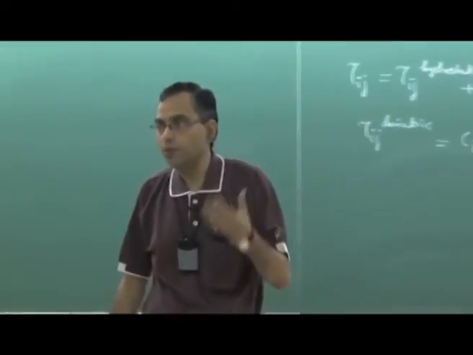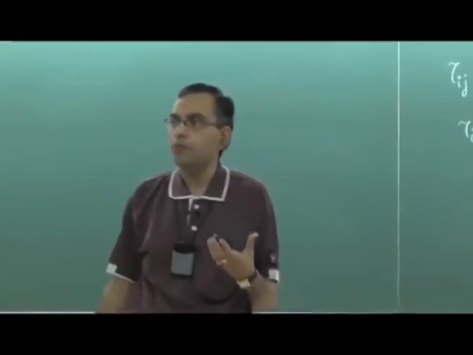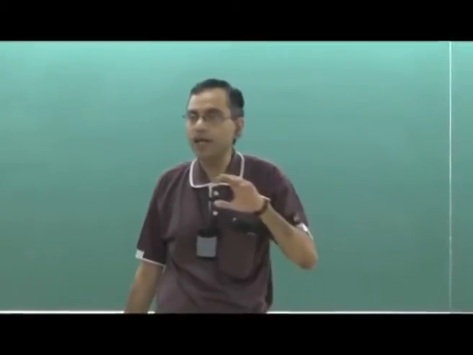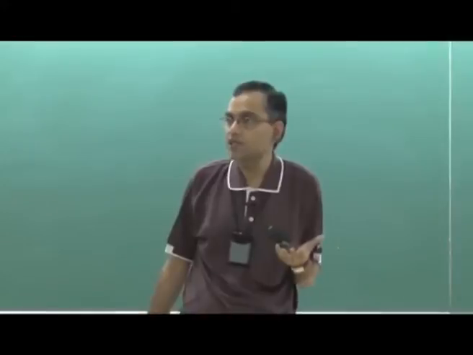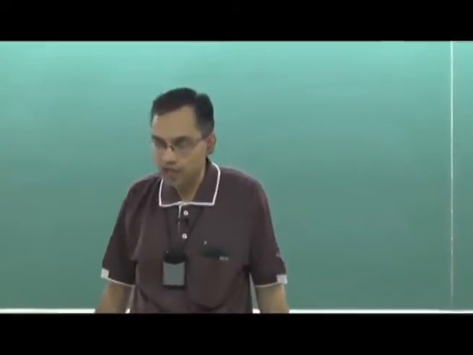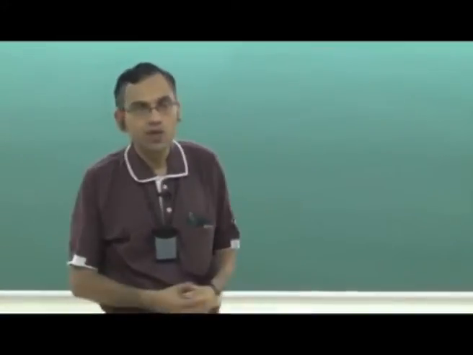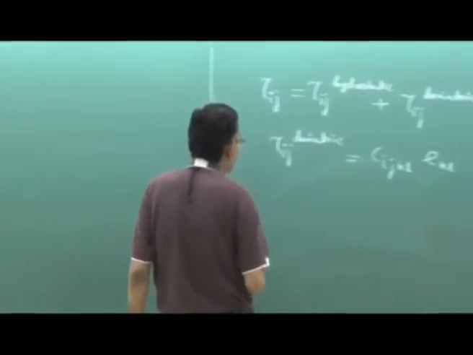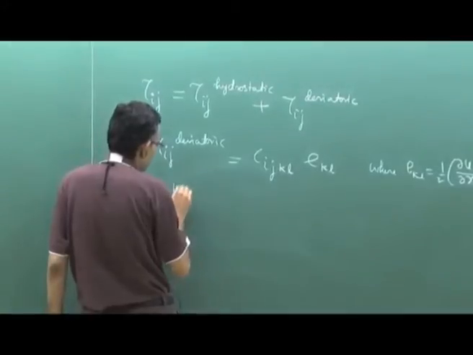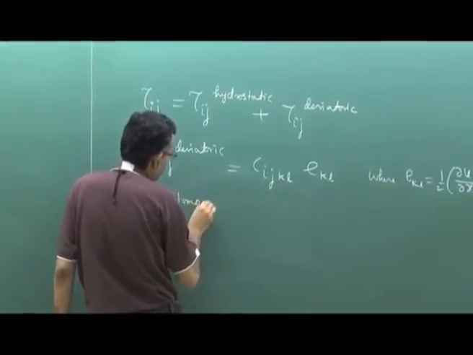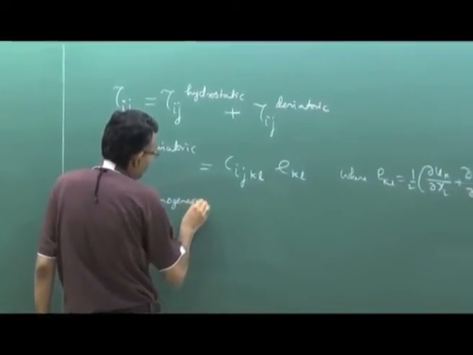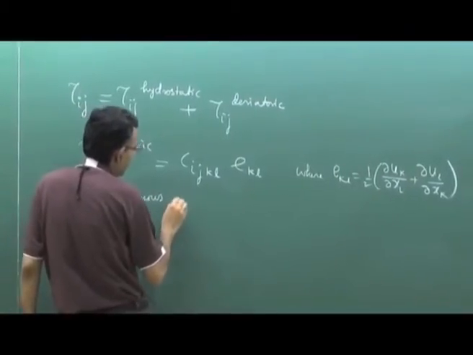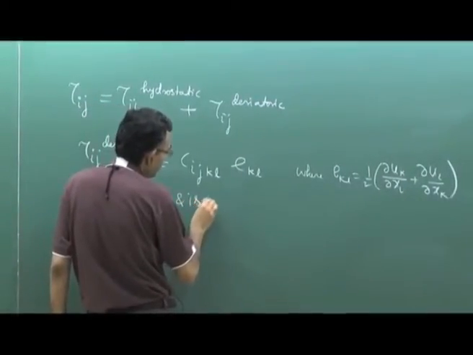One possible way by which we reduce the number of properties required is by utilizing the symmetry of the stress tensor, that is tau ij is equal to tau ji. In addition, we also make use of a homogeneous and isotropic fluid.